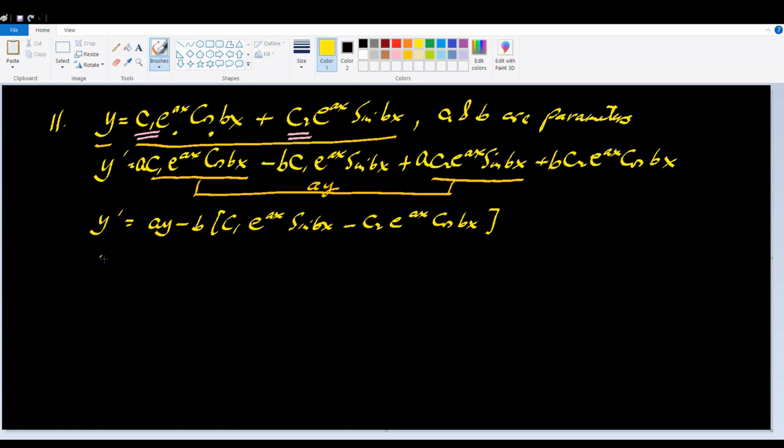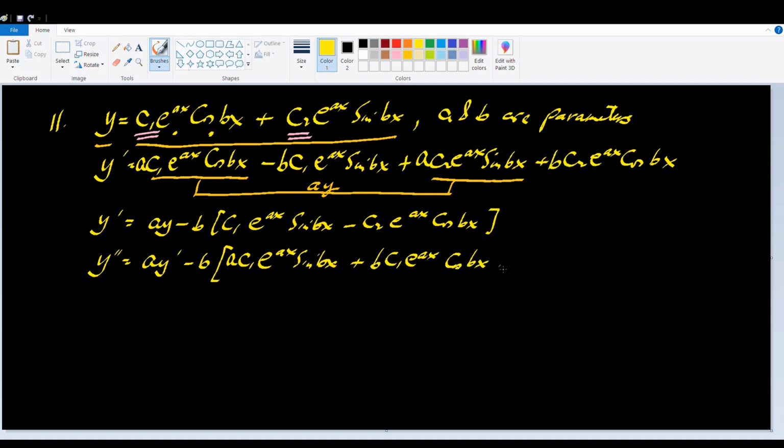Then we proceed. Y double prime, derivative of ay is ay prime minus b. Here we have c1, derivative of e to the ax is a e to the ax sine bx, plus c1 e to the ax, derivative of sine bx is cosine bx times b.